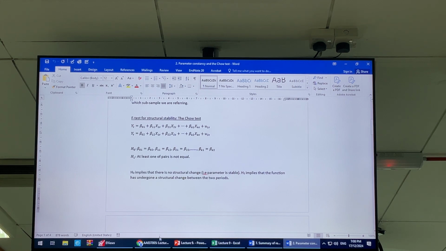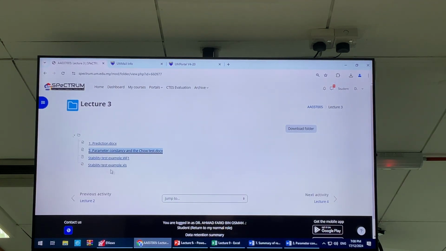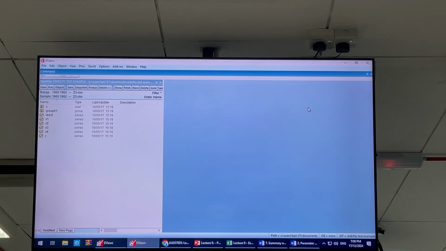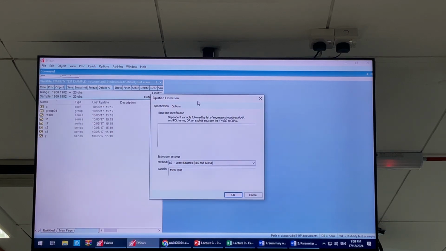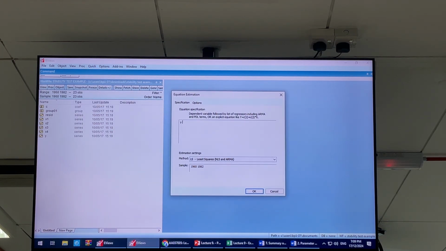So we open the same data that we used before, the stable test. Recall how we performed the test before. We estimate the model as usual: y c x1 x2 x3 x4.